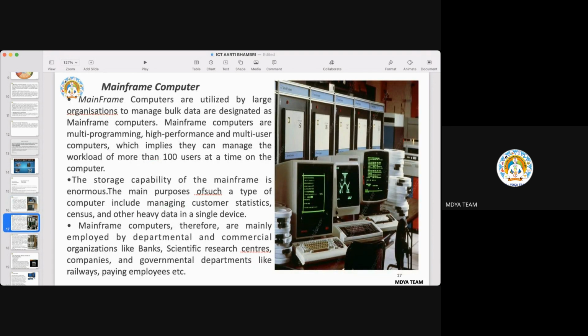Then mainframe computers. Mainframe computers can also process data at a high speed. Earlier it was measured in millions of instructions per second, and nowadays, in which unit do you name the computer or your mobile phones' speed?